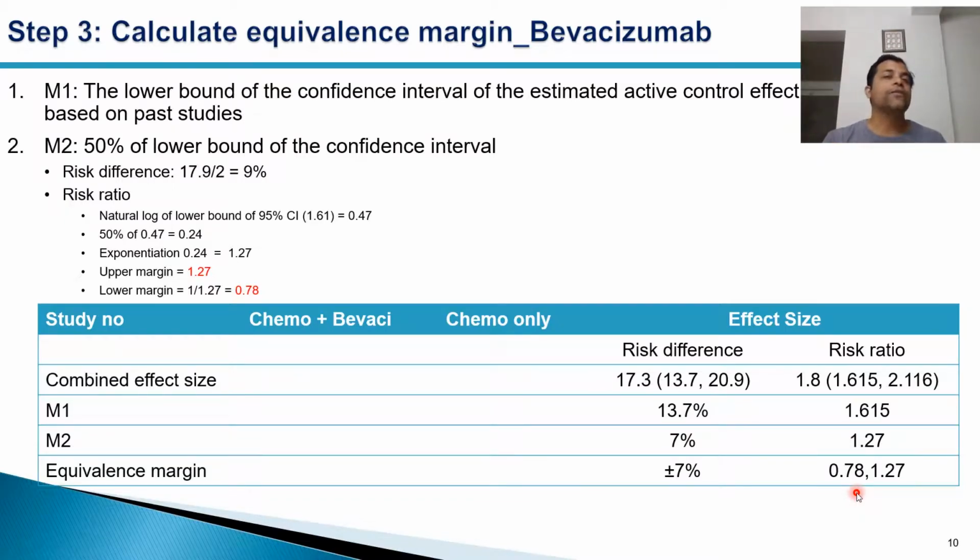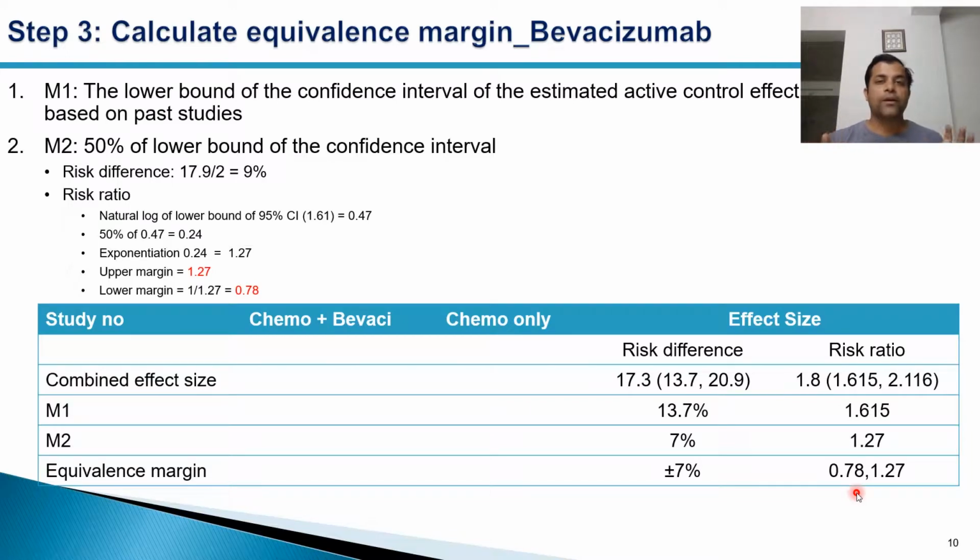In the trastuzumab biosimilar program, if you see the publications, the researchers calculated the sample size for EMA based on the risk difference approach, because this is the regulatory agency's expectation. And sometimes the US FDA says you go with risk ratio. So if you are going for both markets for the same molecule, then you have to calculate the sample size for both approaches, and for that you need to calculate the margin for both.